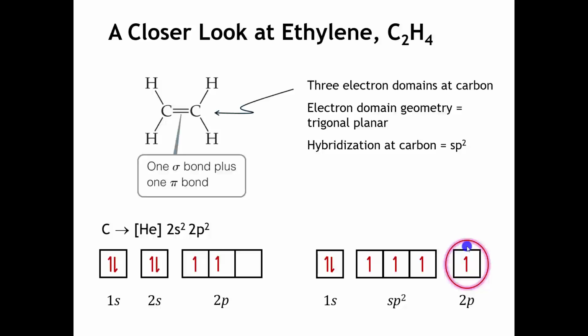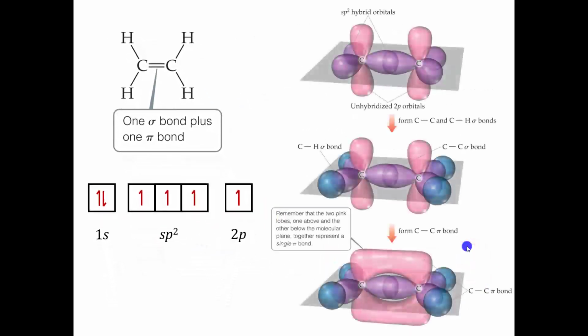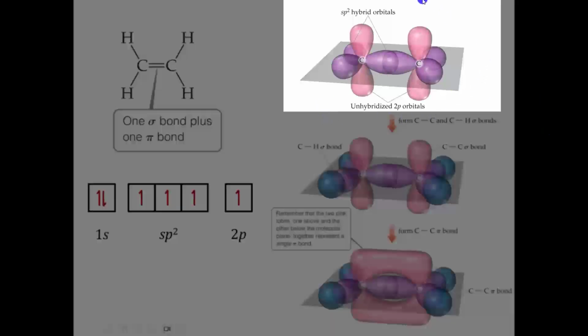So let's now take a 3-dimensional look at this molecule. What's drawn here in the upper image would be, in purple, the sp2 hybrids, and in this reddish pink color, the unhybridized 2p orbital.